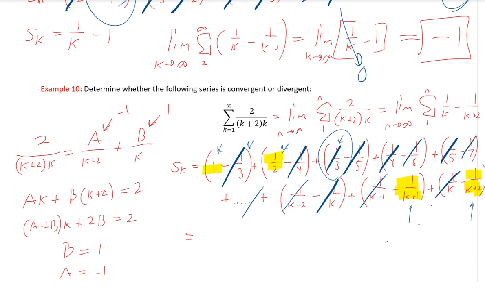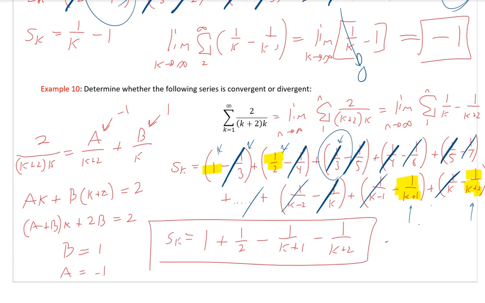And we have overall 1 plus 1/2 minus 1 over k plus 1 minus 1 over k plus 2. That is the partial sum.